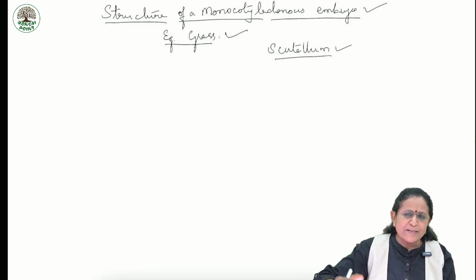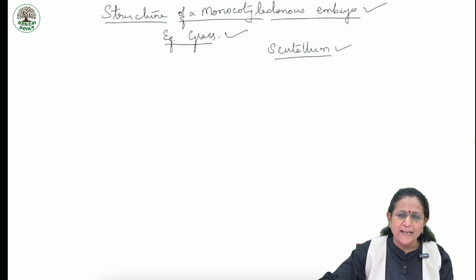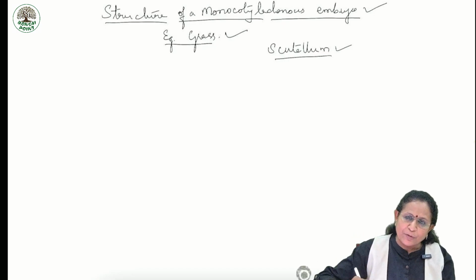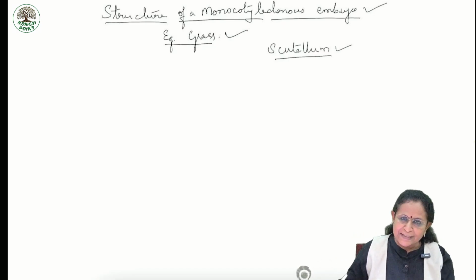This is also present towards one side of the embryonic axis. Embryonic axis has epicotyl, hypocotyl. Epicotyl terminates into plumule, hypocotyl terminates to radicle, isn't it?